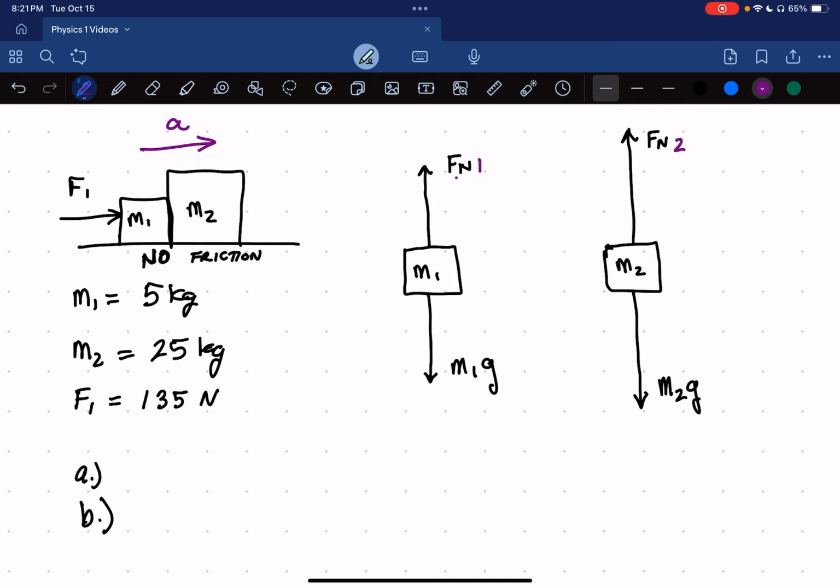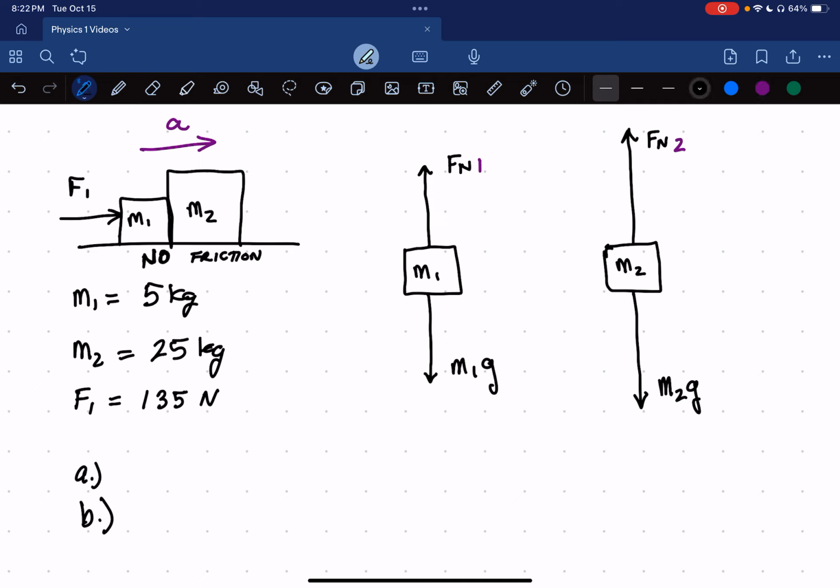We can't use Fn for both because they're technically different quantities. You don't want to show that those are equal by writing Fn for both, because when we solve a problem, we can't assume that they're the same magnitude of force. So we have to specify Fn1 and Fn2. That's pretty good notation to use.